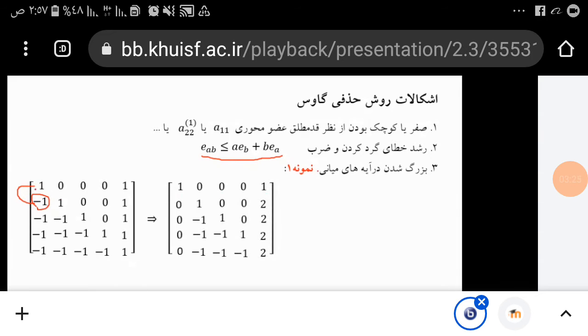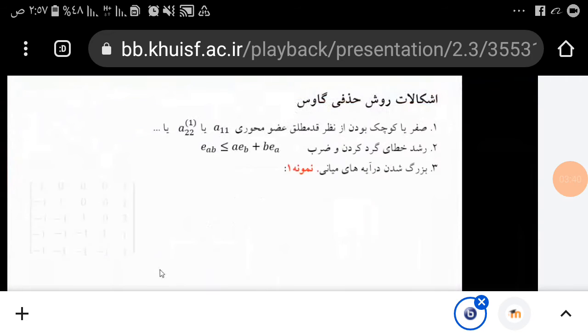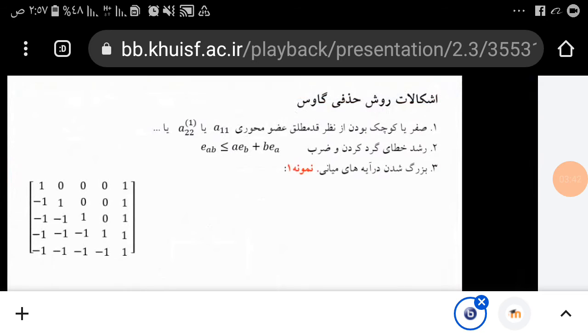Again, we add the first row to the third row to make this 0.